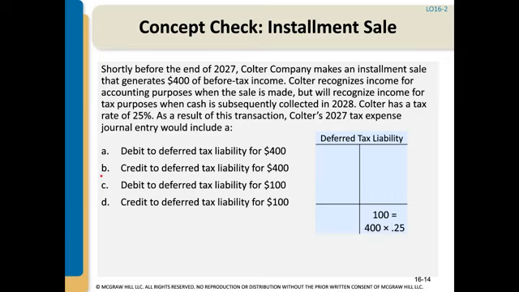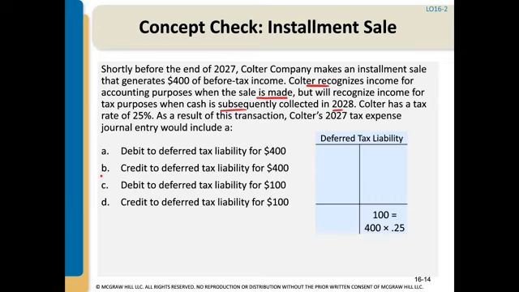We look at the facts and see that Coulter recognizes income for accounting when the sale is made in 2027, but for tax in 2028. So we have less revenue in the current year for tax, but we're going to recognize that revenue in 2028, which is going to make our taxable income higher in 2028 and therefore making our taxes payable higher. So we have a future taxable amount.